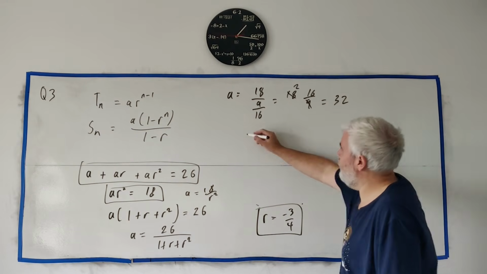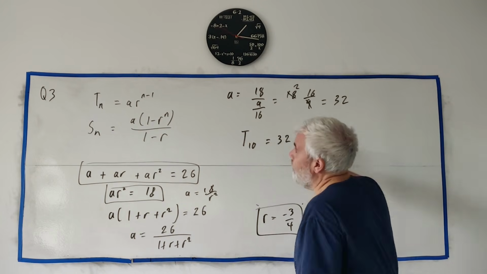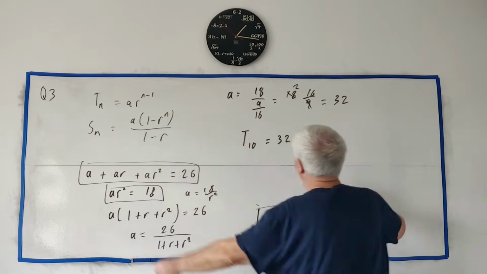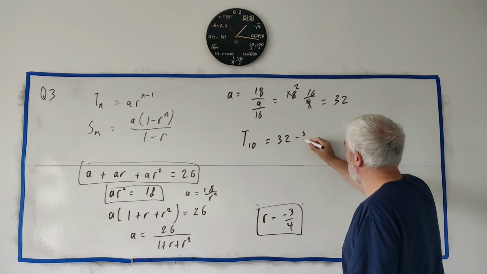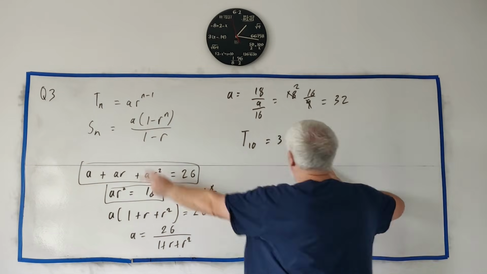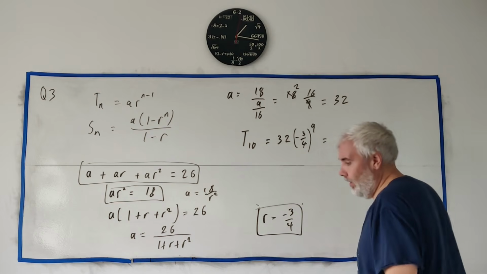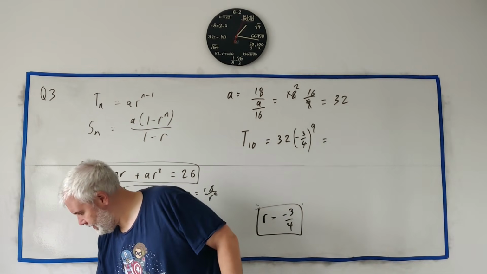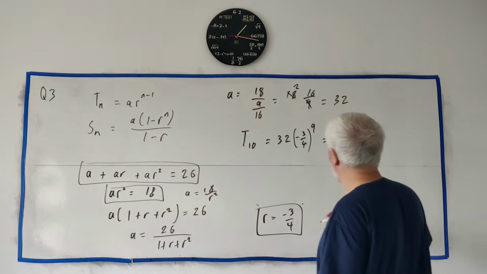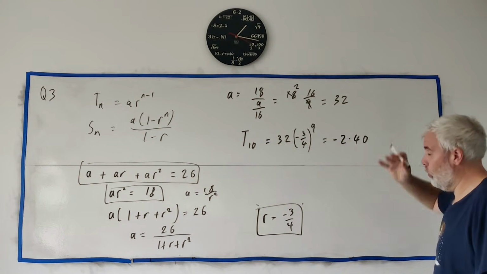So the 10th term, T10, is equal to, let's see, A, which is 32, times r, which is minus 3 over 4, to the power of 10 minus 1. That's 9. You can go ahead and put all of that into a calculator, and we get minus 2.40.